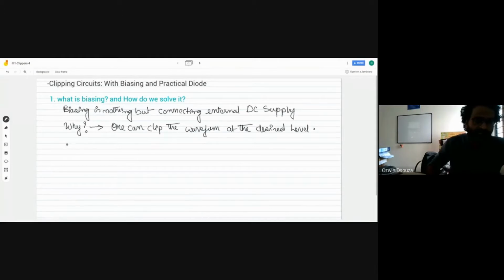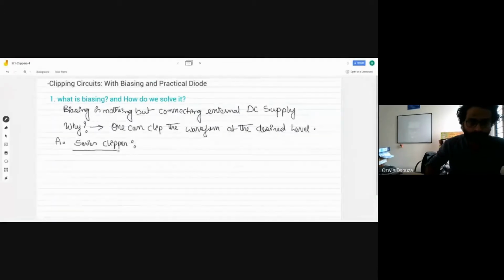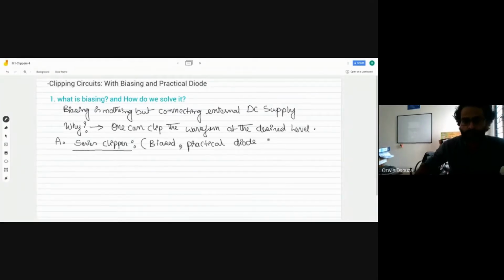So first let us consider a series clipper only. In brackets, let me write biased practical diode clipper.